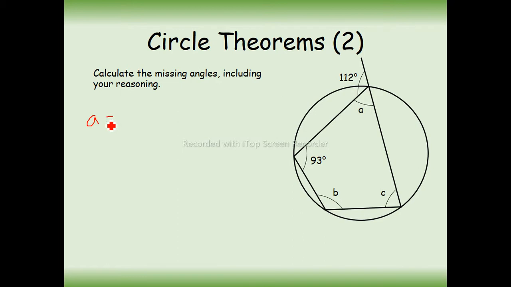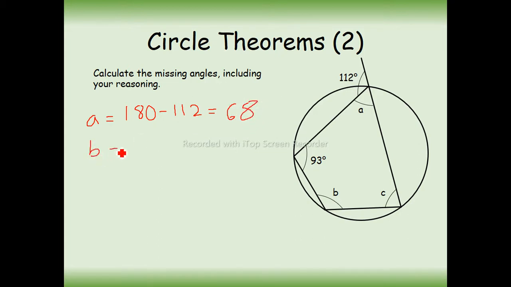How are we gonna get A? Tell me how we gonna get A. 180 minus 112, and then that would be like what? That's like 68. 68 or 168? Which one are y'all saying? 68 sounds more reasonable. Very good. 68. Good. All right. Next up is B.